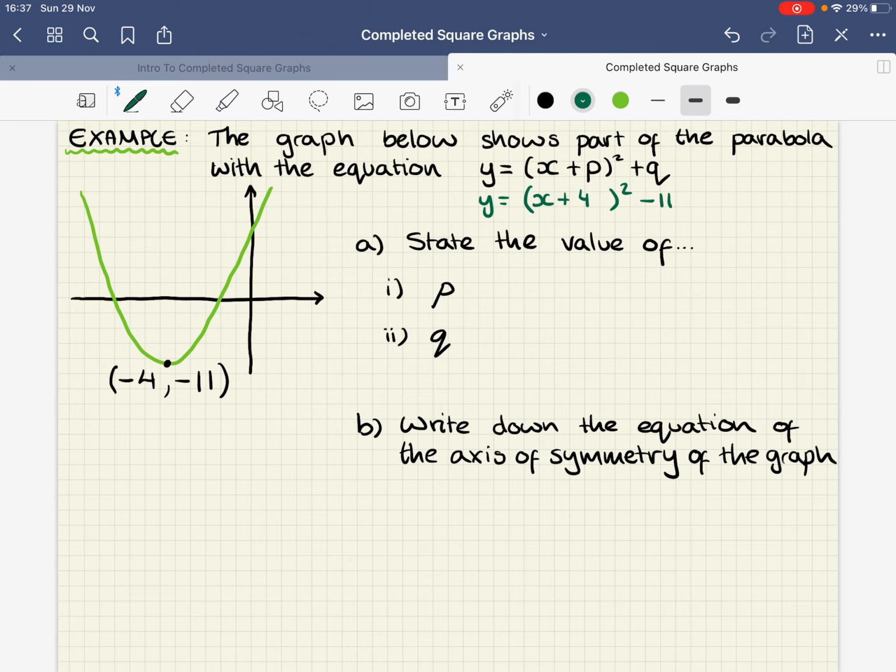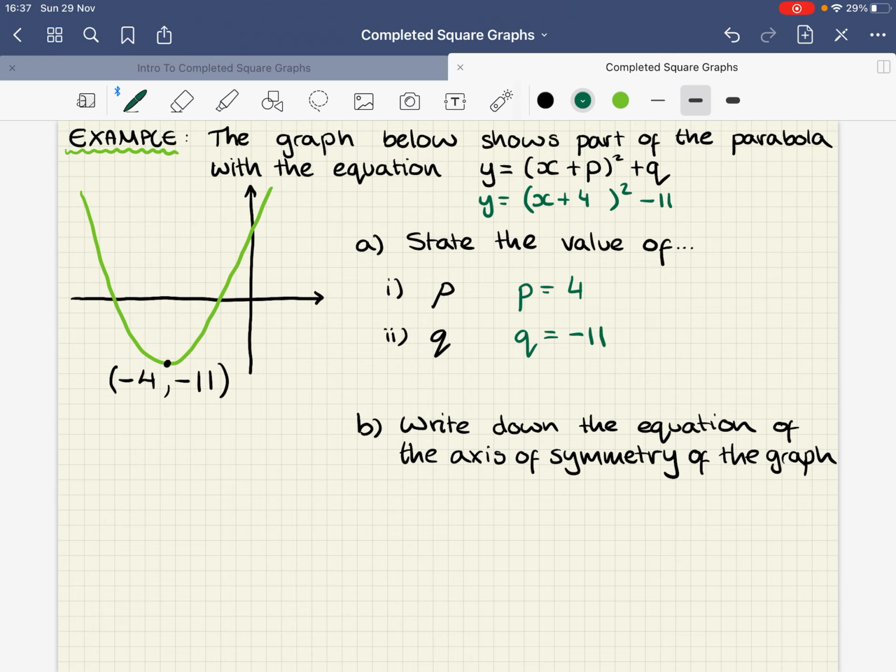Now make sure you don't leave your answer like this because you haven't actually stated the value of p. You haven't stated the value of q. That would be marked incorrect for your final answer. So I need to go to my part A there and write p equals 4 and q equals minus 11.